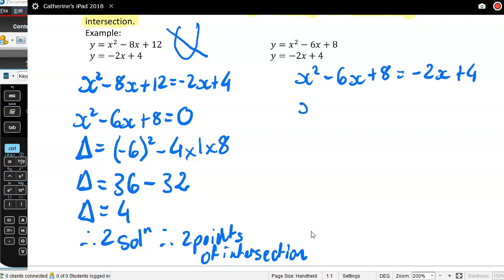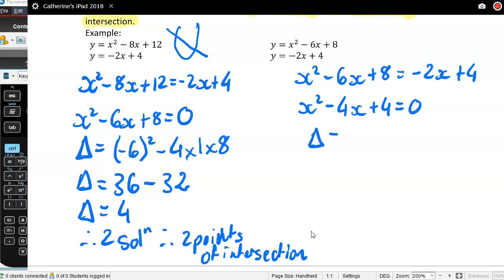So I'll add 2x to both sides, so negative 4x. And then I'll take 4 from both sides, so plus 4.